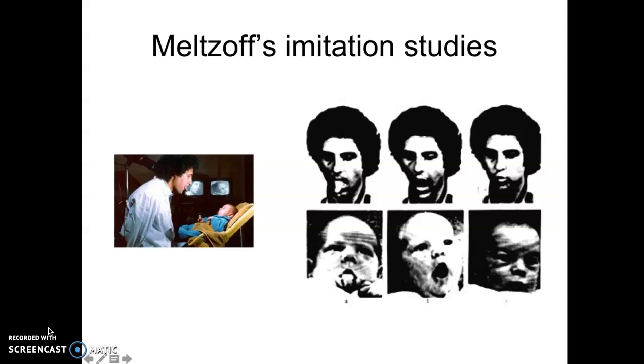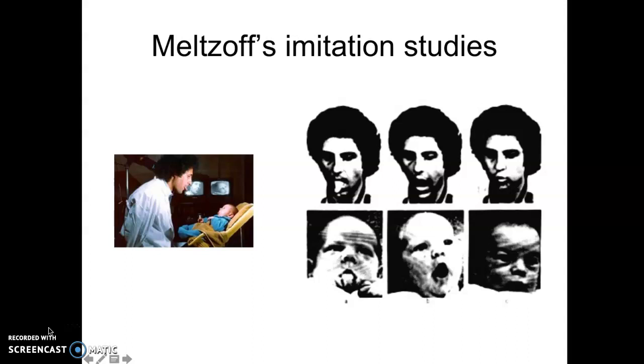This is Andy Meltzoff looking at newborn infants just a few hours old, and he took facial expressions that infants already make spontaneously right after being born: tongue protrusion, open mouth, and lip pucker.